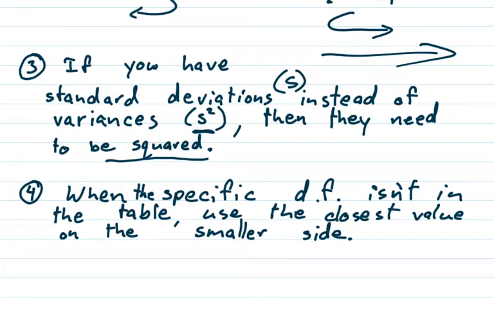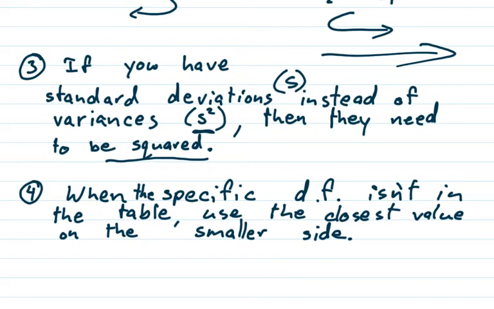And I said, well, what if we had 27 degrees of freedom? Well, that is not in the table, so we're going to use the closest value, but on the smaller side. It's equidistant between 24 and 30, but we're going to use the one on the smaller side. So we would use 24.